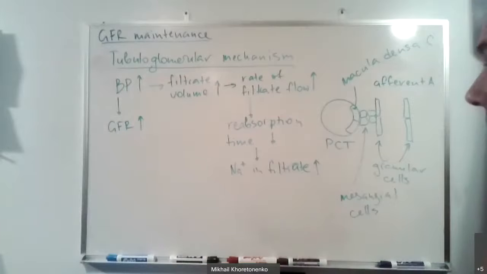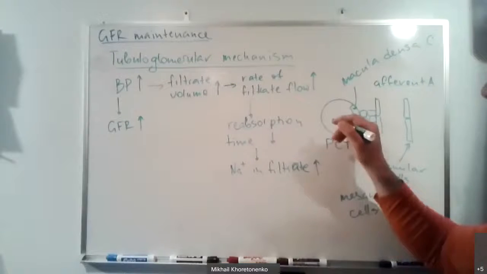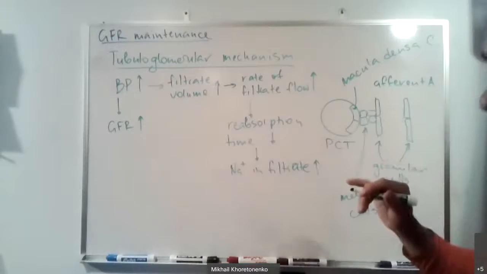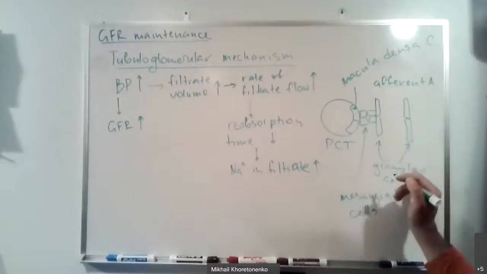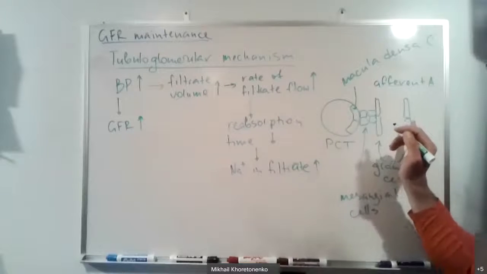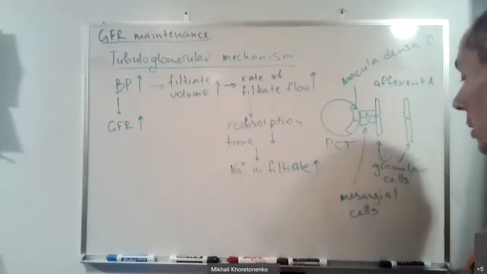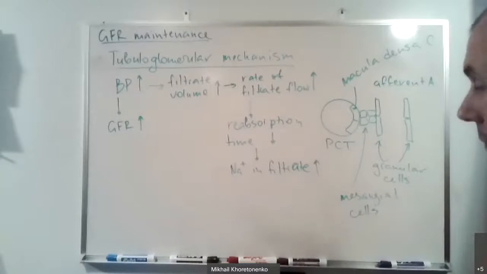Then it's pretty straightforward. Macula densa cells sense it and send the signal to the mesangial cells, to the granular cells here. Granular or juxtaglomerular, same name.